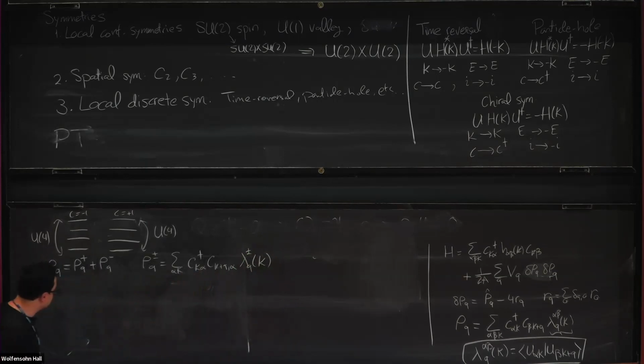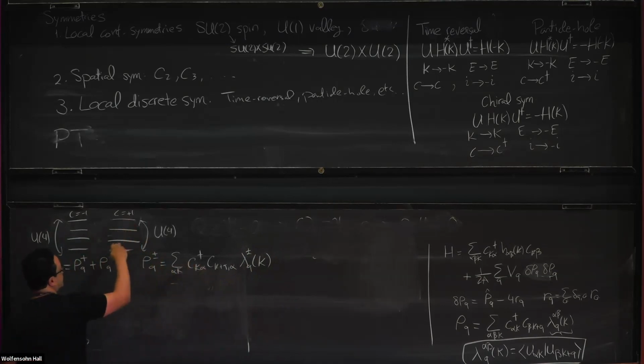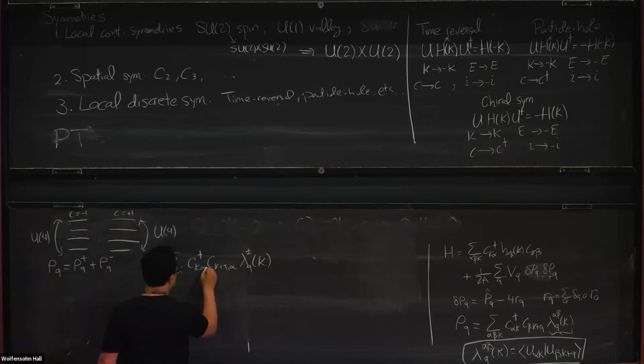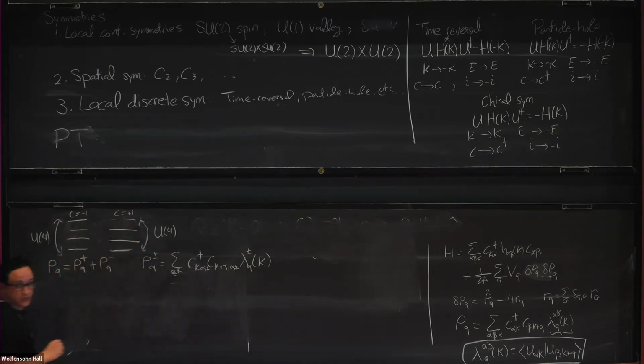So now you see that the density only acts on a single flavor at a time. So you can really decompose the density into the density in each of these bands or flavors. And this alpha now is a sum that goes only over the plus Chern sector or the minus Chern sector.